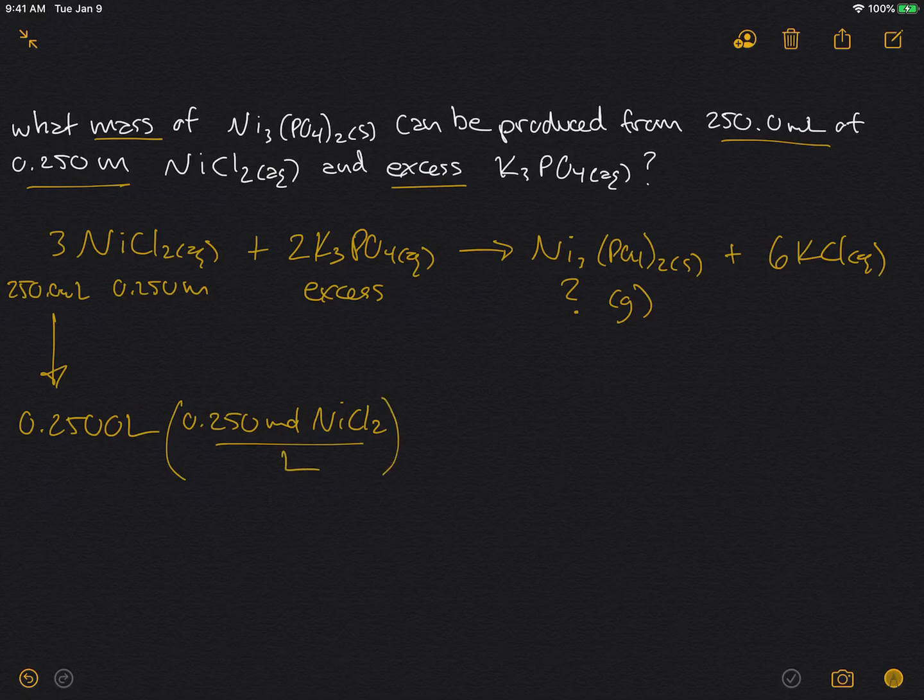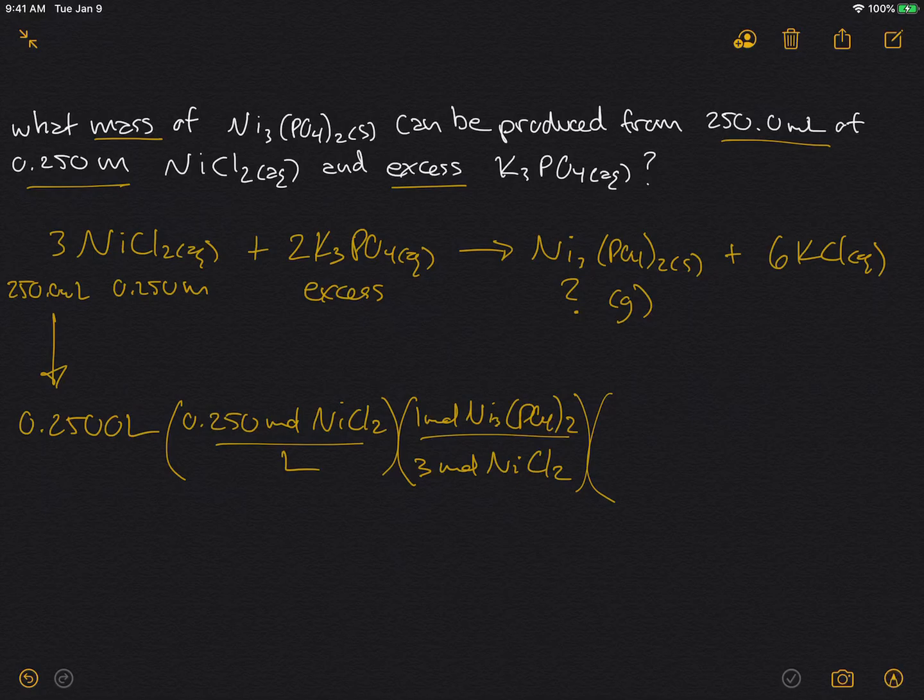Remember to translate that capital M into moles per liter. Then we can do our mole to mole ratio. We've got 3 moles of nickel(II) chloride, and that's going to produce 1 mole of nickel(II) phosphate. Now we're in moles of nickel(II) phosphate.